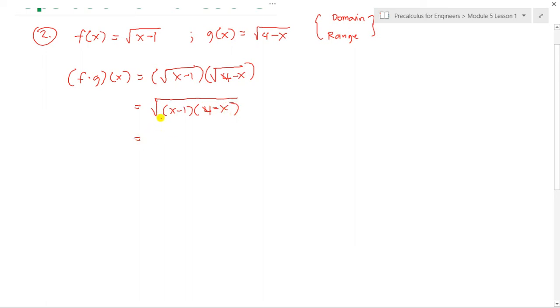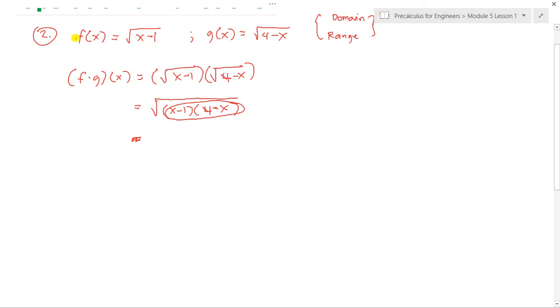You can simplify this by distributing, but the domain is the same, since the restriction is inside. Again, take each one, which should be greater than or equal to 0. So the domain we got in addition is still the same here for multiplication.